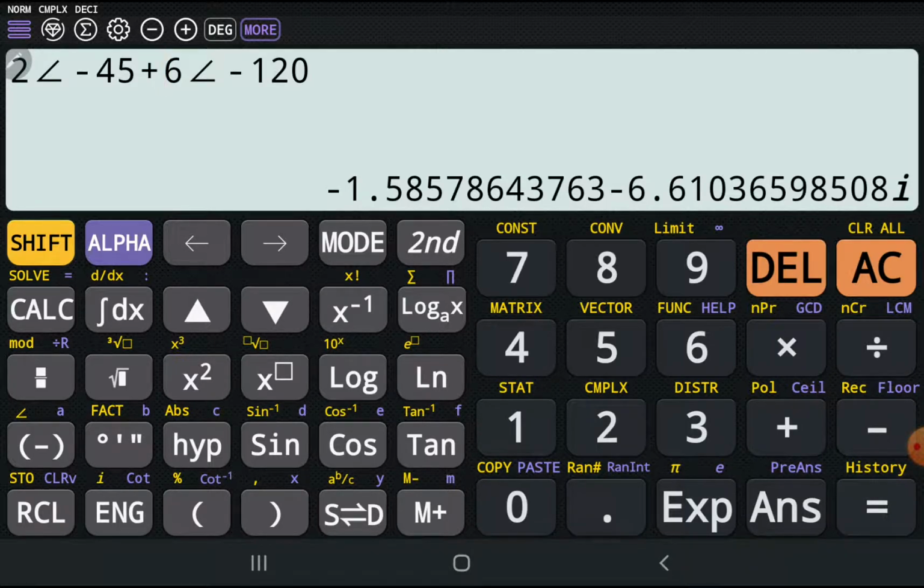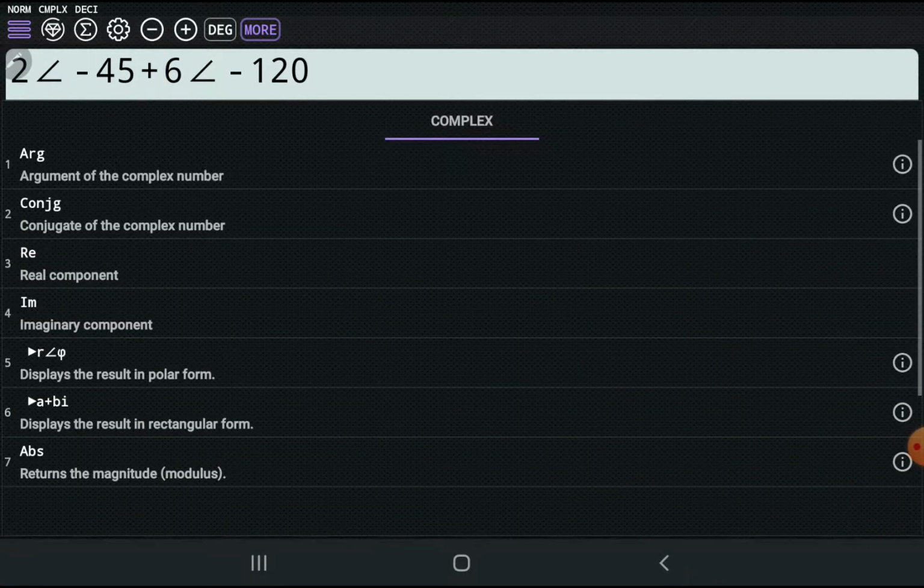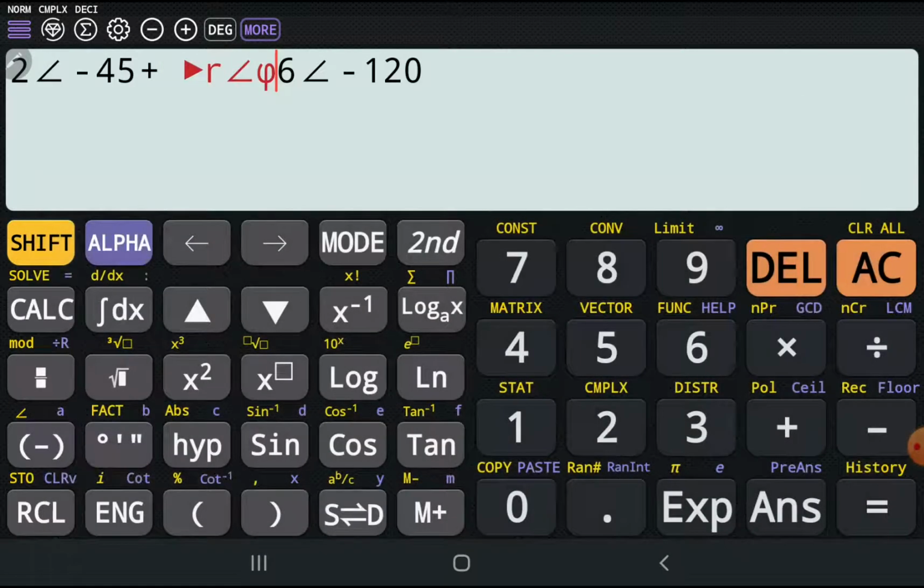So how will you turn that into its vector, into its polar form? You will just press shift, and then press your complex, shift 2, and then press 3, because you will see there r angle theta. So this one, r angle theta.